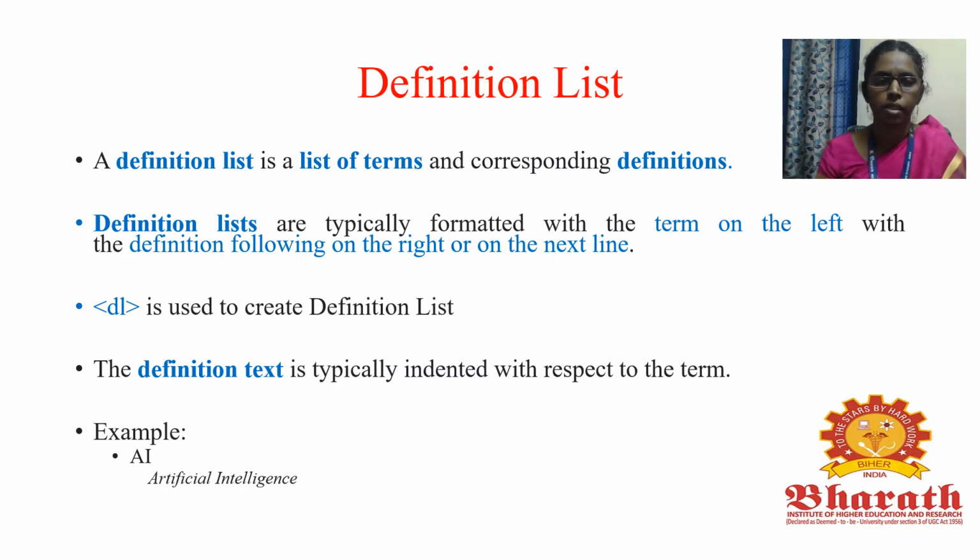DL is the tag which is used to create the definition list, and the definition text should be indented with respect to the definition term. For example, if you have the definition term AI, the corresponding definition text is artificial intelligence. So this type of definition can be created using the definition list.